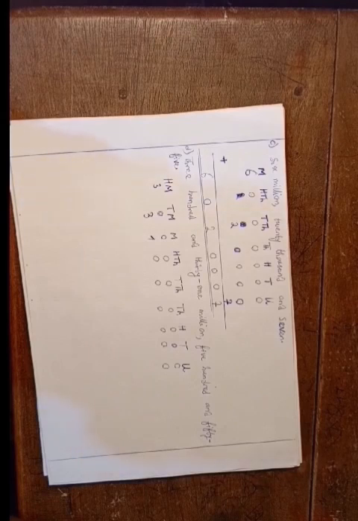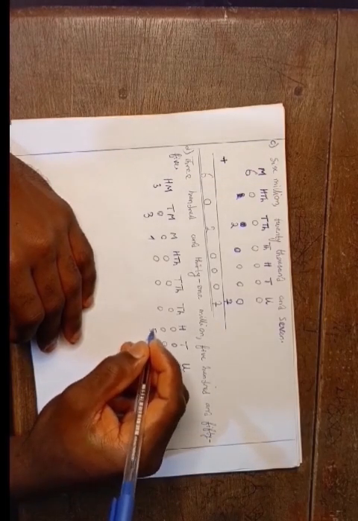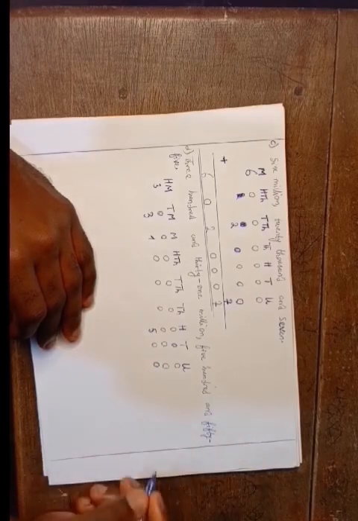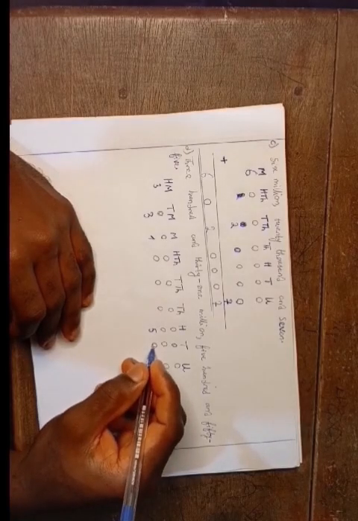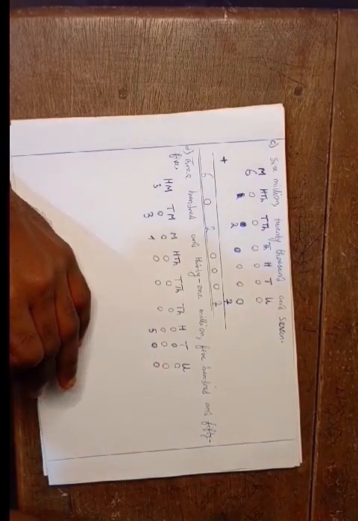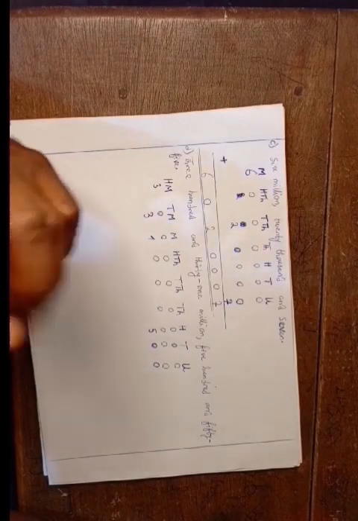555. 500. So we go under hundreds, we write down 5, and 55. 50 simply represents 5 groups of tens.